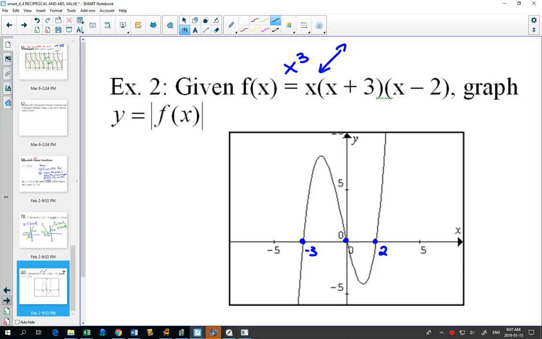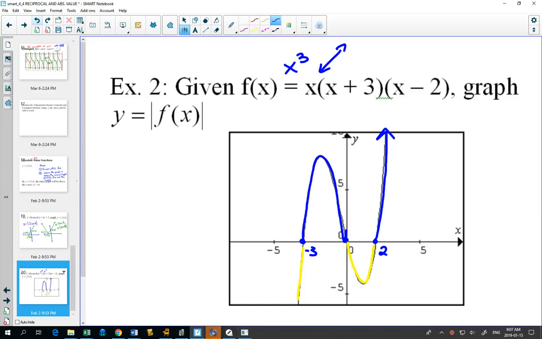We want to graph the absolute value of f of x. Again, what's going to happen is all of the sections that are below are going to get flipped up. All of the sections that are above, this section and this section, will stay the same.